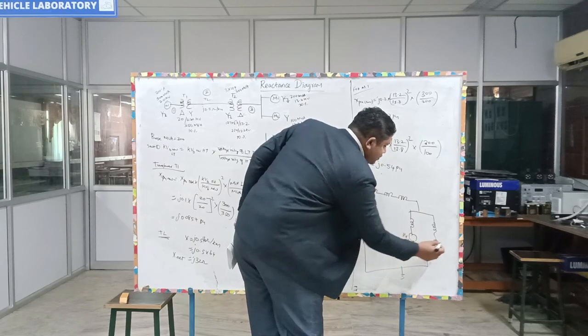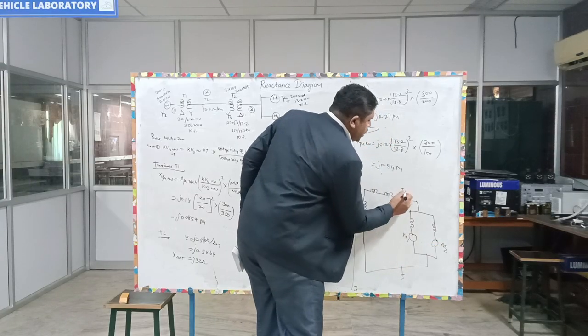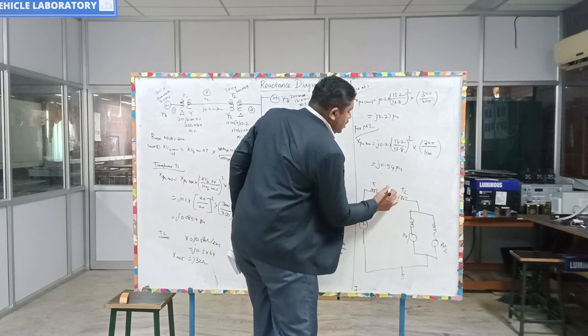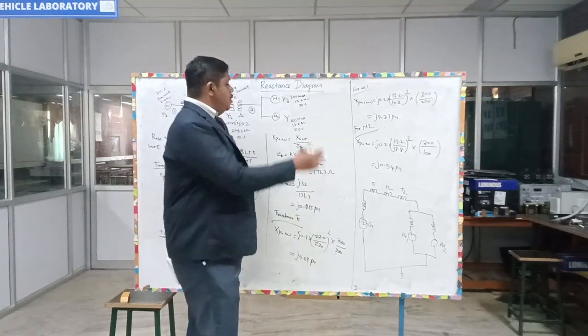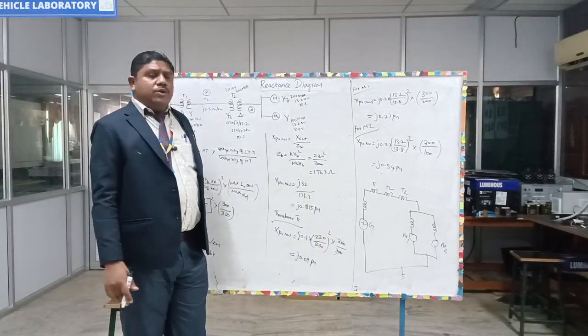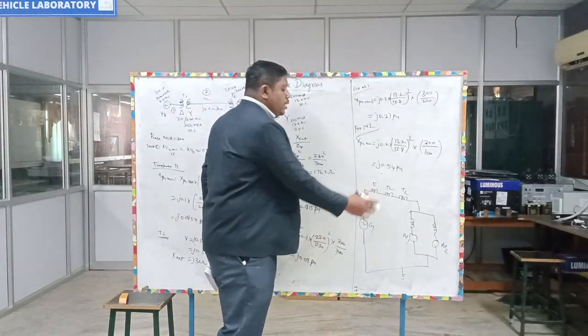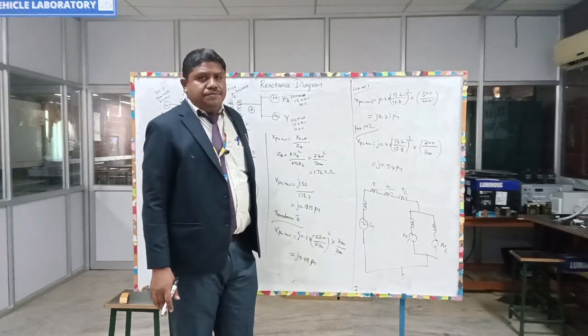This is M1, M2, T2, T1, transmission line, generator. Whatever reactance per unit values we have calculated, you have to plot in the equivalent reactance diagram.